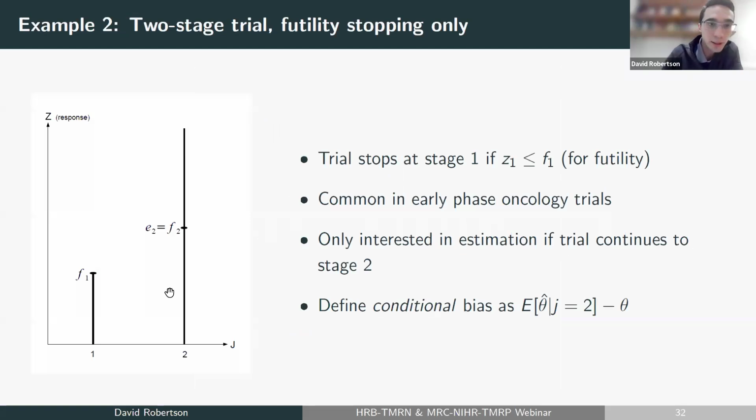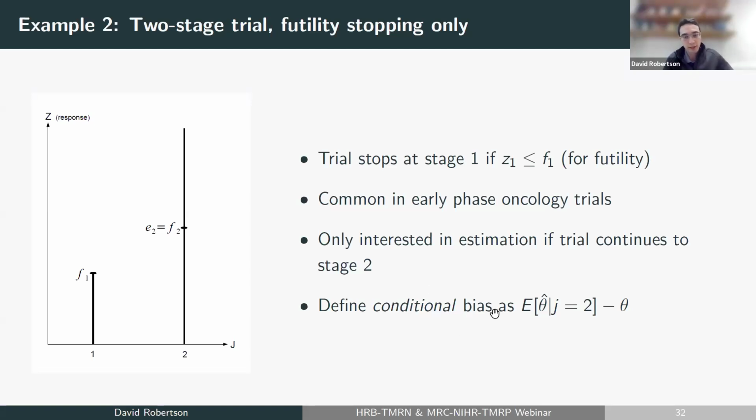Okay, more briefly, we can also take a conditional perspective. This is the second example. Now we're considering a trial where we stop at stage 1 for futility only. And we're arguably only interested in estimation if the trial continues to stage 2, because it means it hasn't stopped for futility.